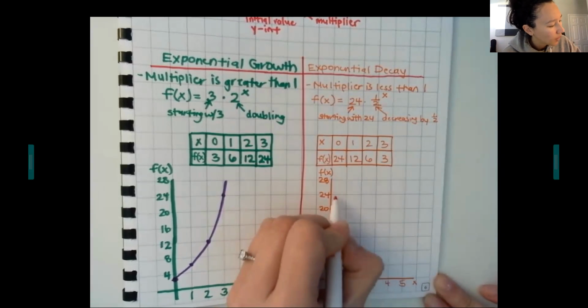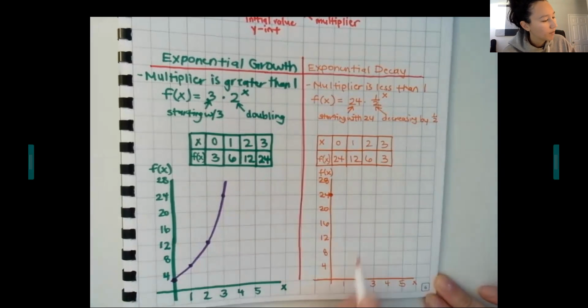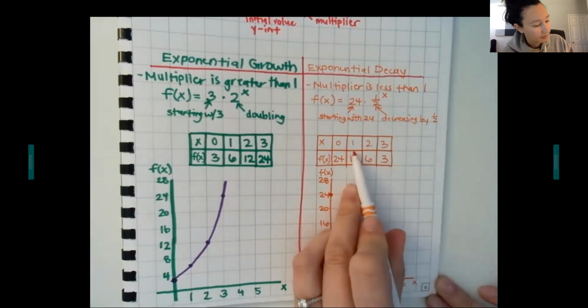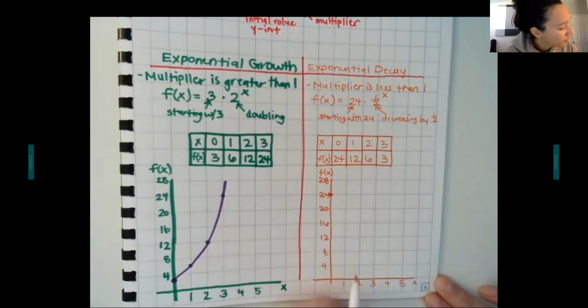So 0, 24. And we're just going to plot the points. 1, 12. 2, 6. And 3, 3.